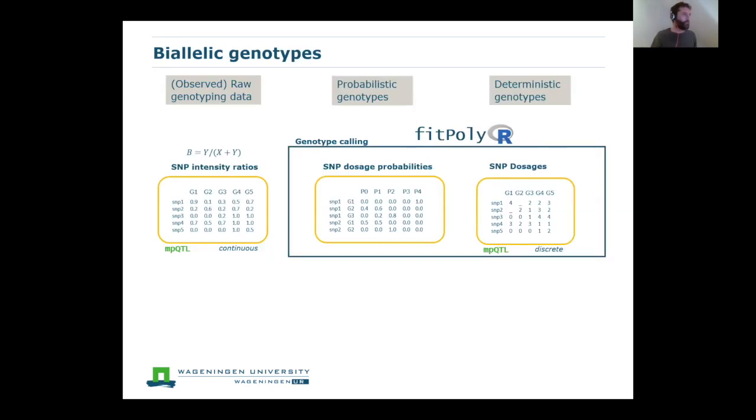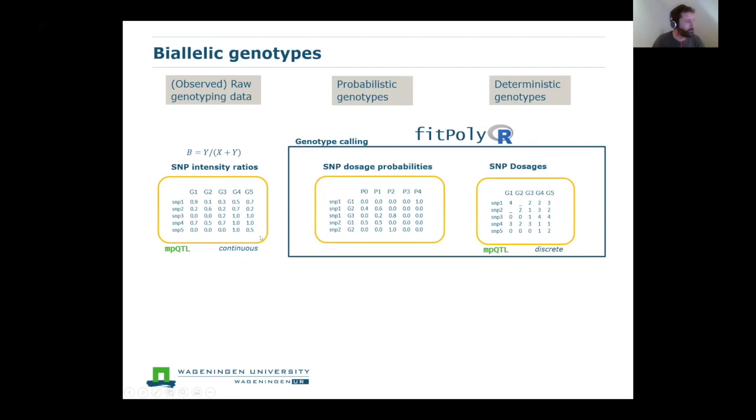Okay, so that was the model, and now I would like to briefly introduce a little bit about the input data. As I said, there could be several types of input data, because the genotype variable could be, in fact, continuous.